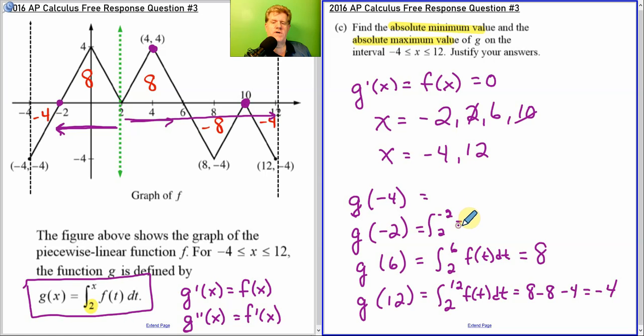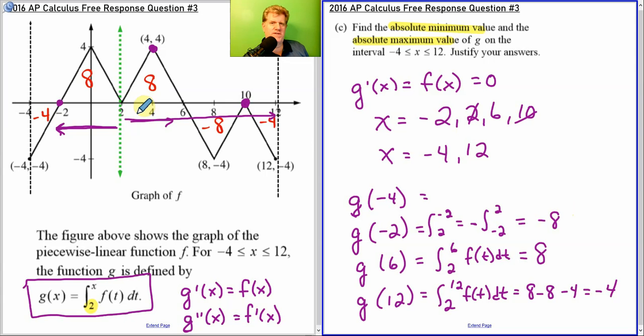Now, if you remember, we had a little identity, a little definition there, that if we switch these, we flip the limits of integration around, then our answer is opposite of what it used to be. So from negative 2 to 2, we have a value of 8. But because it's opposite, it'll be negative 8.